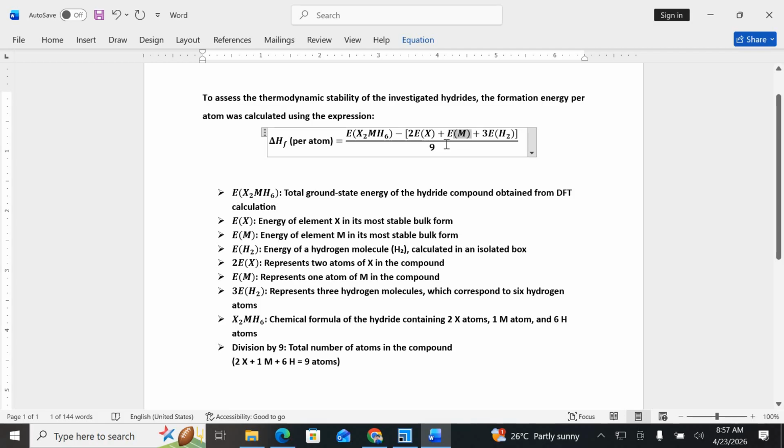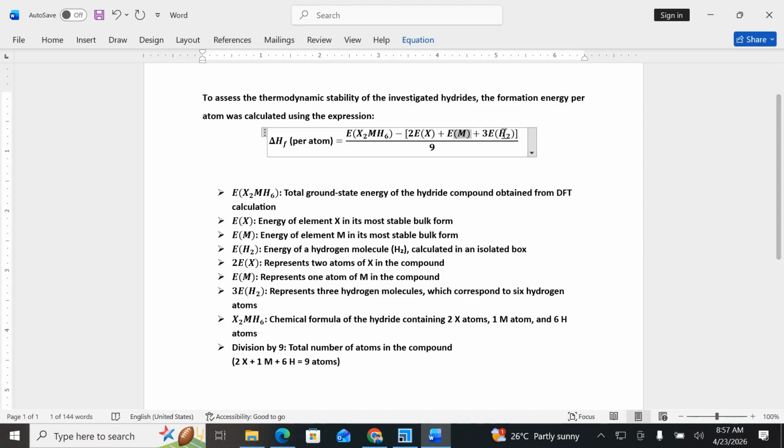The term E_H2 is the energy of the hydrogen molecule, which is typically calculated in an isolated environment. We must isolate hydrogen and calculate this energy in an isolated environment. This is a very strict rule.